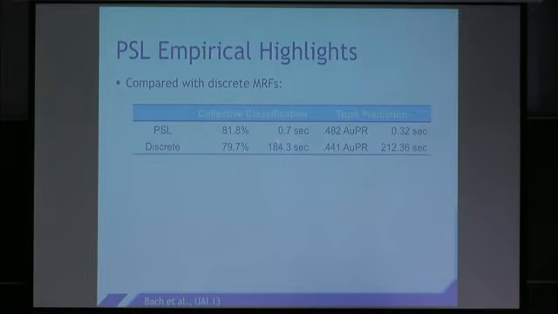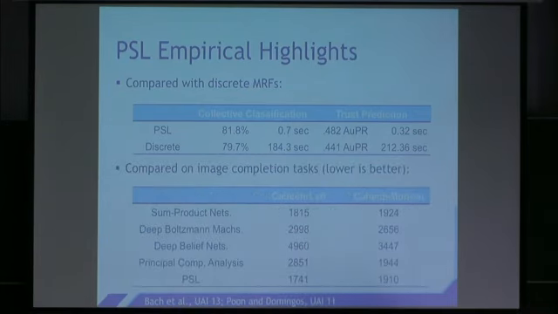But the key thing is the difference in speeds. Again, these are relatively small problems, but we're doing them well, and we're doing them fast. Compared to an image completion task, this is one where it actually really gets the benefit of the fact that we have random variables between 0 and 1.